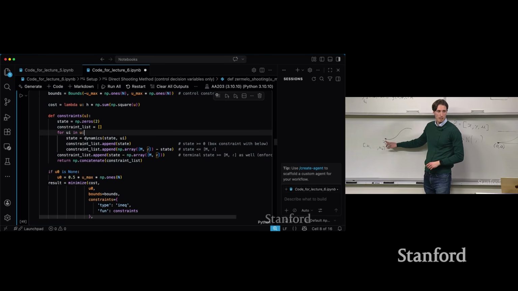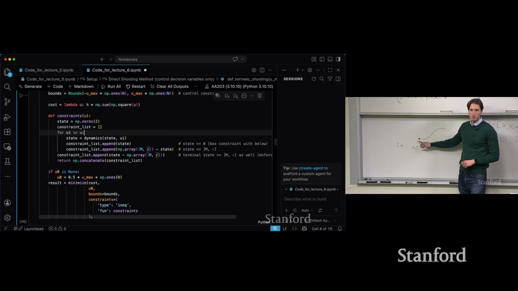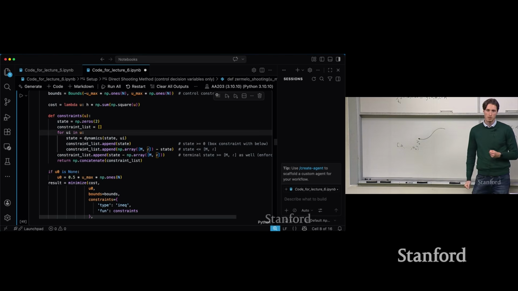Because the optimization variables cannot be independently tweaked and snapped to respect the constraints, but the influence of the controls on the overall trajectory is accounted for through this propagation of the dynamics.